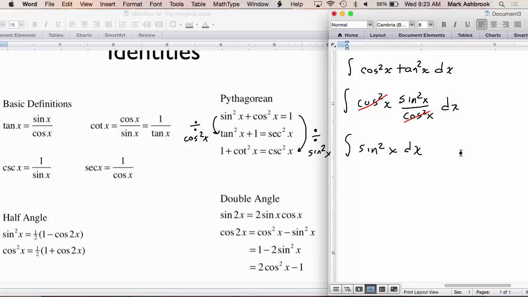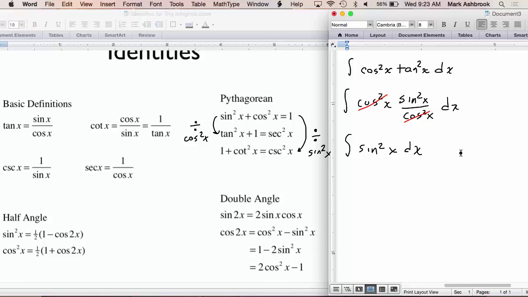Okay? Is that undoing the chain rule? What else would we need? What additional thing could you put into this integral so that it would be undoing the chain rule?